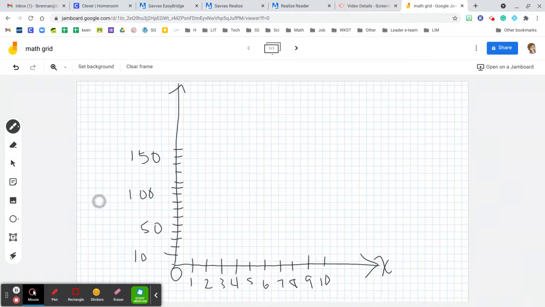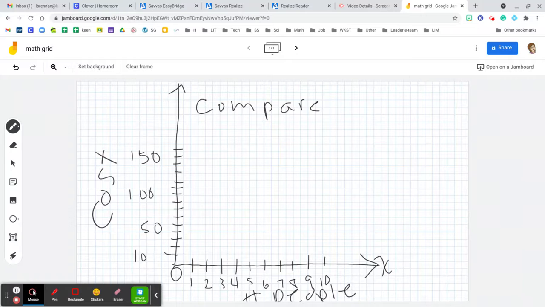And this will be our cost, my labels. And my chart, I could label it comparing the bowling alleys, and these are the number of people. So I have one person at $35.